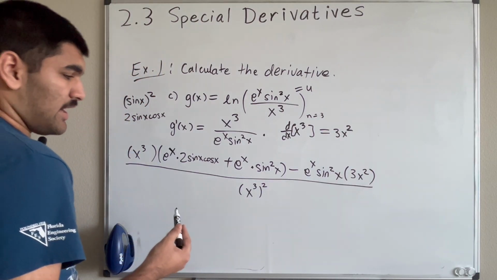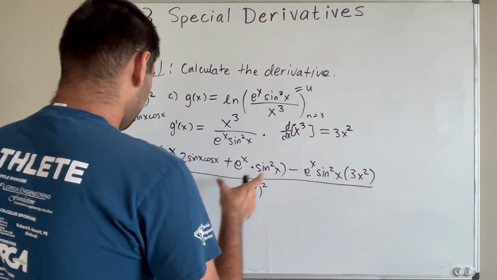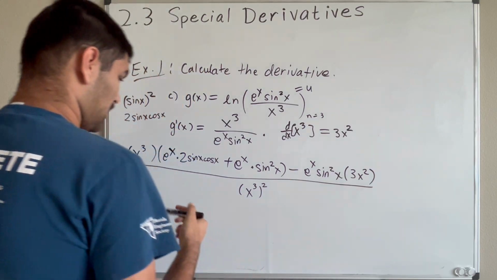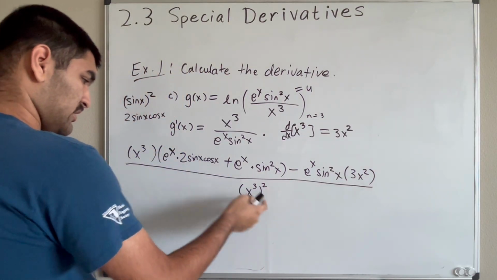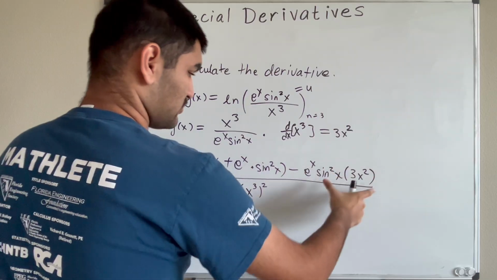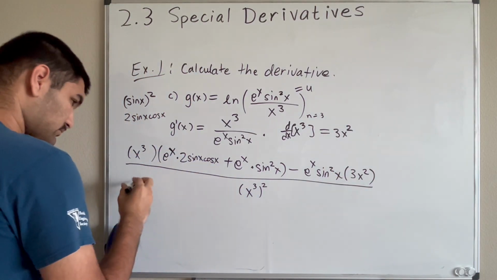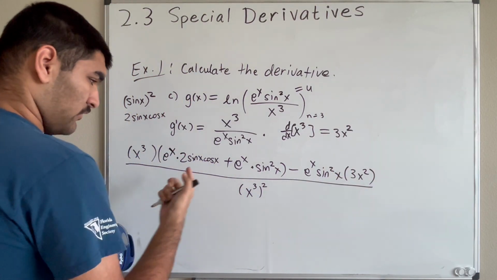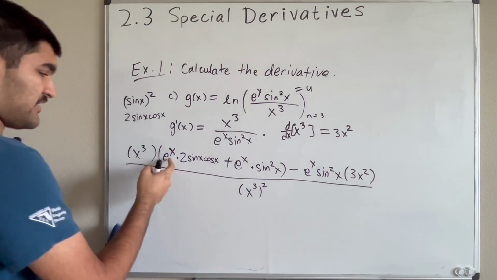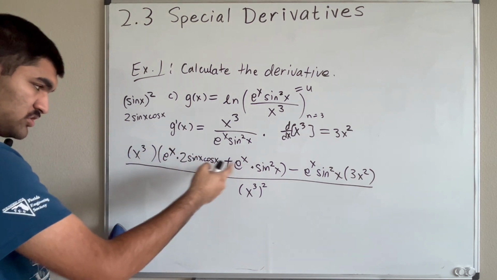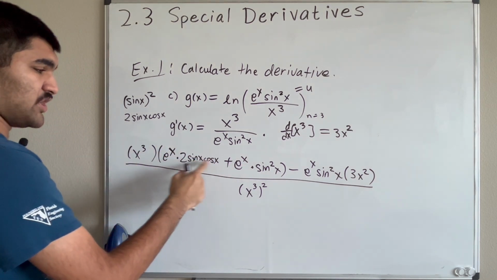So to begin, I will just split this fraction up into two separate pieces. I'll have this first thing all over x to the 6th, minus this whole thing over x to the 6th. And then I can also factor out an e to the x from both of these terms, and I can factor out a sine x.